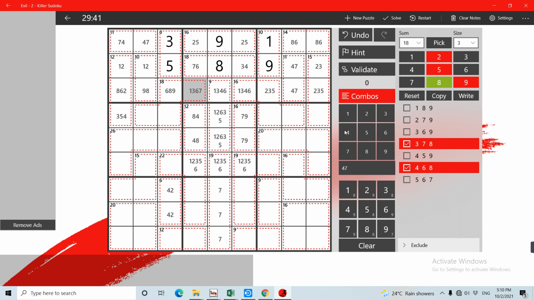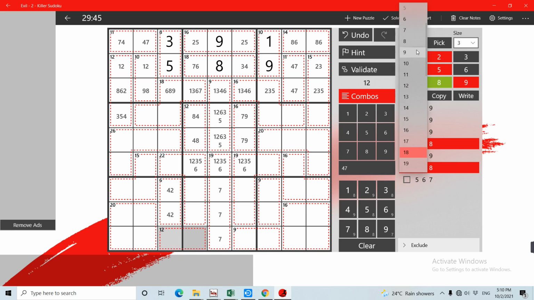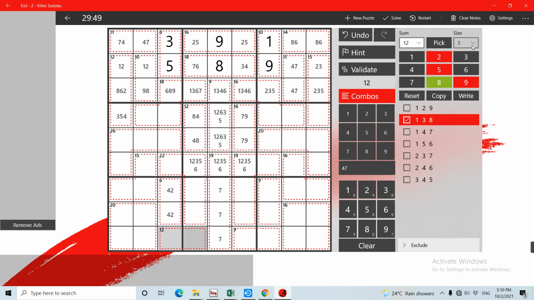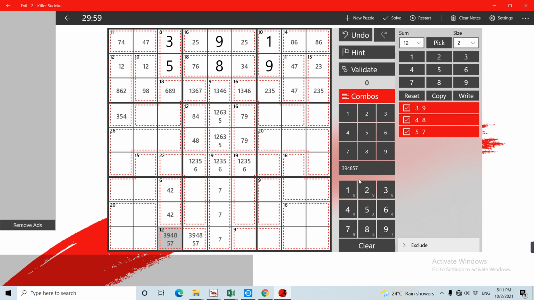Now with this information, let's try this. 12. This seems like a weak chain to me. So on this, I cannot have the 3. I cannot have 2, and I cannot have 5.